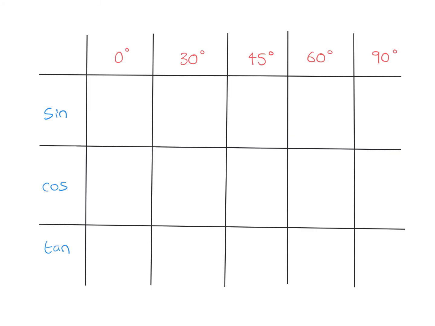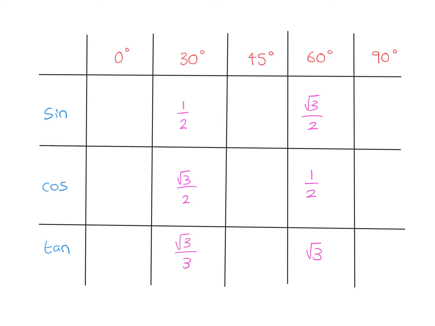So we can summarise these results in a table. So we know that the sine of 30 is a half, the cos of 30 root 3 over 2, and the tan of 30 is root 3 over 3. We know that the sine of 60 is root 3 over 2, the cos of 60 is a half, and the tan of 60 is root 3.